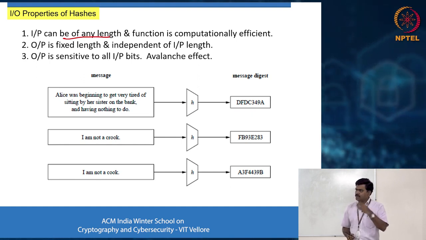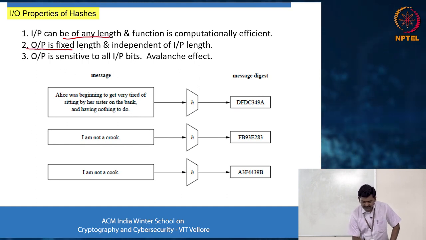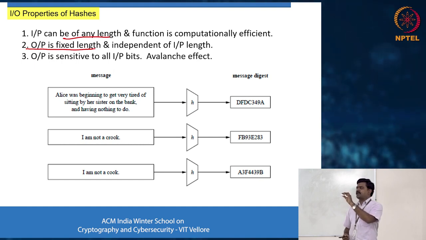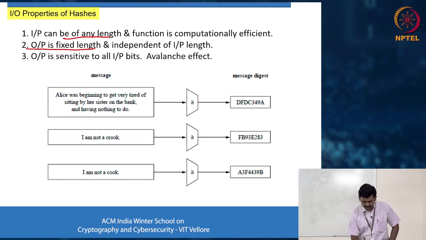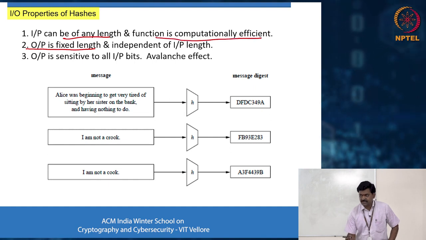There is no restriction, but the output is fixed length. If I say my digest should be 512 bit, irrespective of the length of the message, the digest should always be fixed length. And such a function should be computationally efficient.